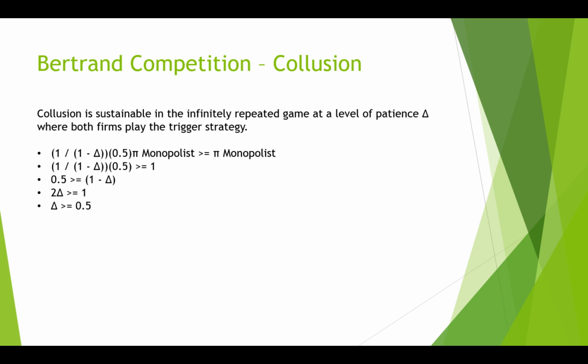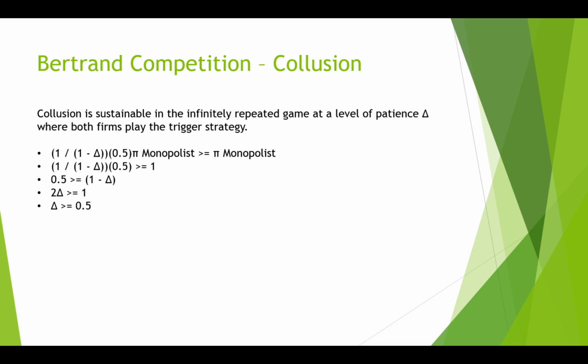So by solving this, we divide through by the monopoly profit on each side, and we get 1 over 1 minus delta times a half is greater than or equal to 1. And then by rearranging, you get delta is greater than a half. So the simple equation for this is that delta is equal to 1 minus 1 over n.